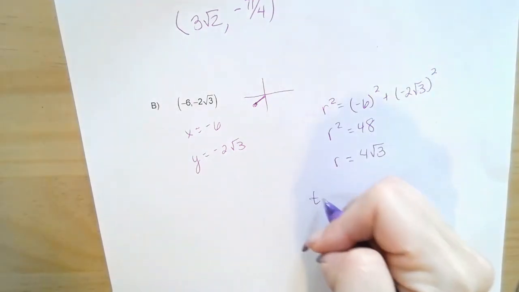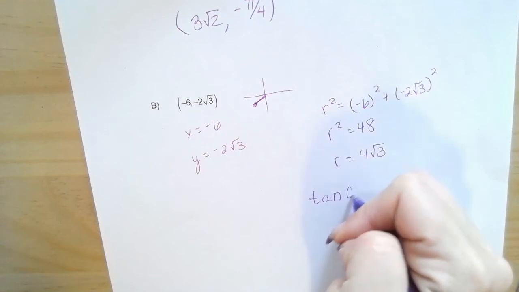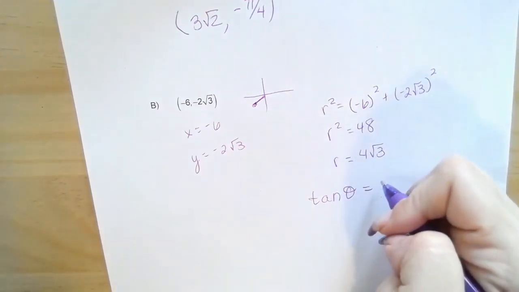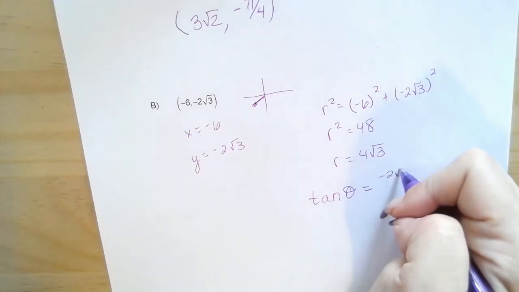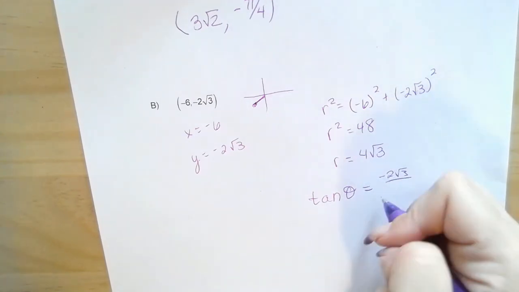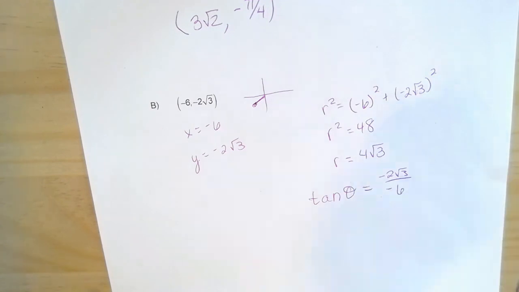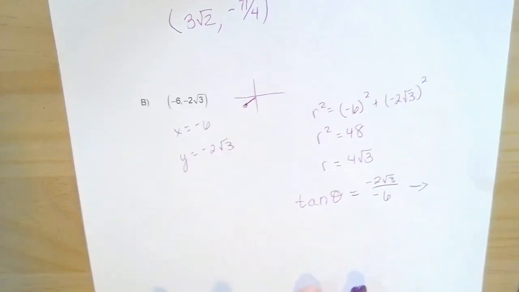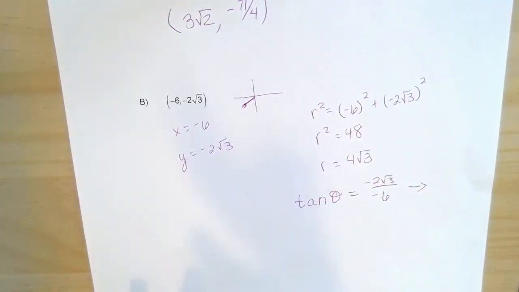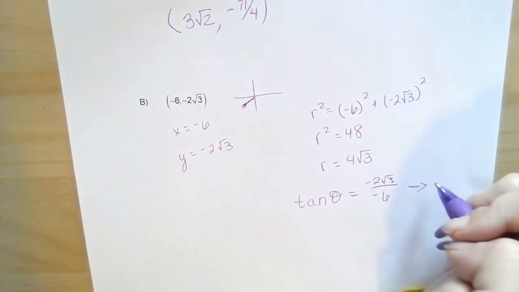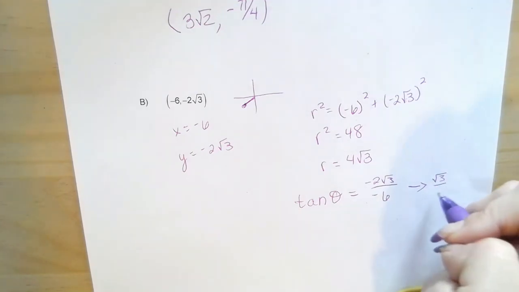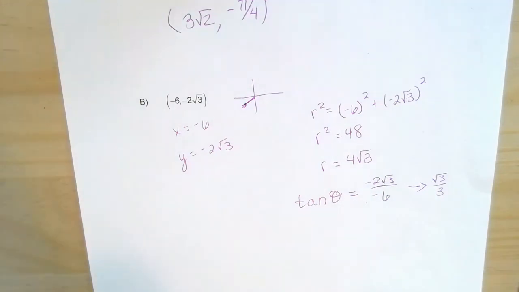Now, tangent theta equals, and we do our y over our x. Now, before I look at my unit circle, guys, what I'm going to do is actually reduce this into something that would be on the unit circle, easy to identify. And as you can see, this reduces to the square root of 3 over 3.